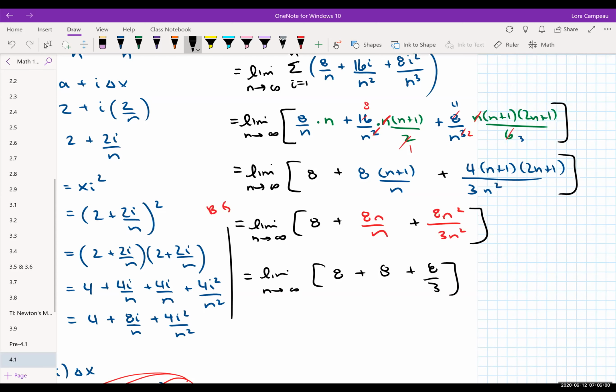Now I have the limits of a bunch of constants. I will take my TI. What is that? 16 plus 8 over 3. I've been thinking too hard already, so use that to your advantage. We should have exact value 56 over 3 square units. And we have utilized that limit definition.